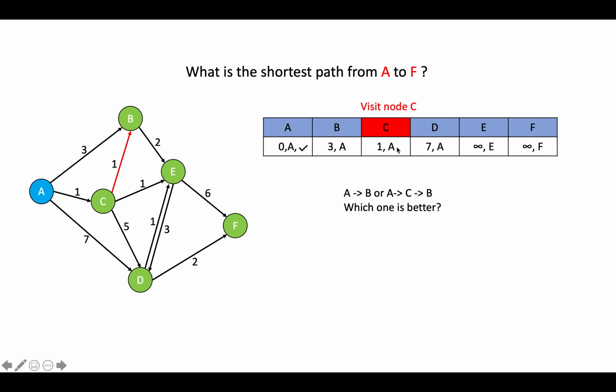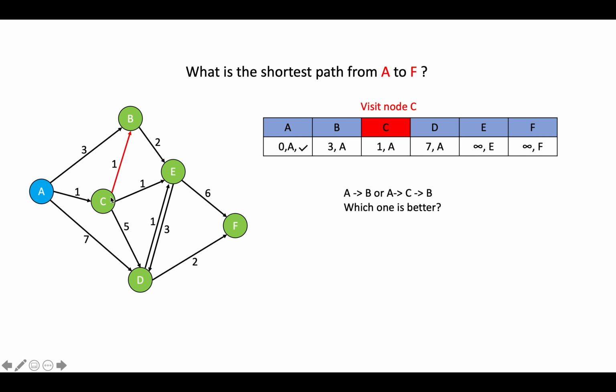And we look at C. For node C, we can go from node A to node C with length 1, so 1 plus 1 is 2. If we choose this path, the length of the shortest path is 2. If we do not accept the new information to update our table, our previous length is 3.